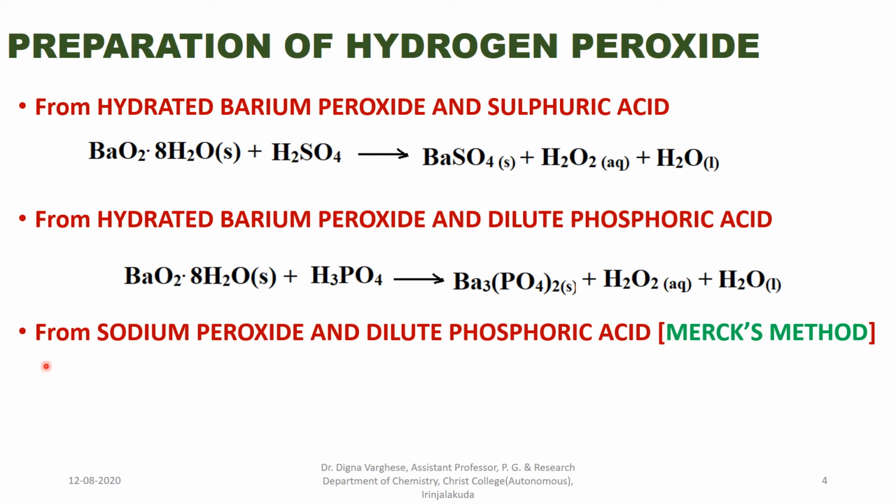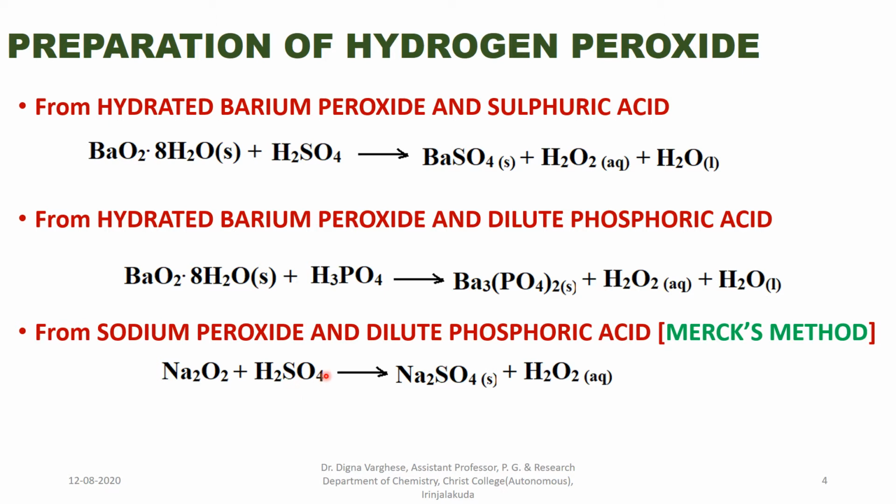Another method of preparation of hydrogen peroxide is from sodium peroxide and dilute sulfuric acid. This method is known as Merck's method. Hydrogen peroxide is prepared by adding a calculated amount of sodium peroxide in small quantities gradually with constant stirring to an ice-cold solution of sulfuric acid, that is about 20% dilute sulfuric acid.